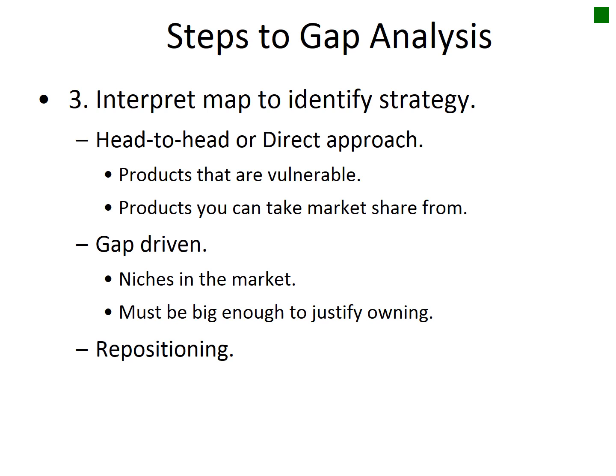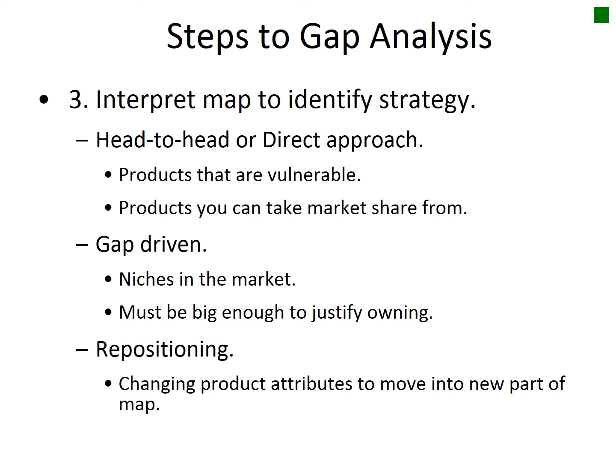Finally, if we're already in a marketplace, we can do this process a number of times over time. So I can collect data today, I can collect data 3 months from now, 6 months from now, 9 months from now, and I can start tracking our performance on the perceptual map over a period of time. And by doing so, I get a good idea of how my products are changing relative to my competition, and I can start repositioning myself if I choose to move in a direction that is either towards competition or maybe in a gap away from competition.